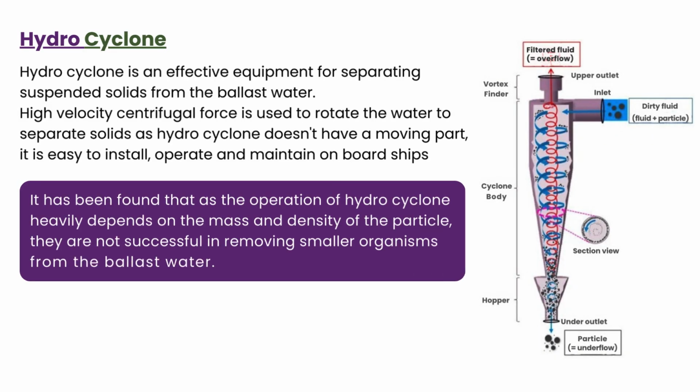The hydrocyclone is an effective equipment for separating suspended solids from the ballast water. Here in the photo on the right hand side, what you see is that the dirty fluid is going inside, and like a whirlwind it is going down. While it is going down, the solid particles are slowly and steadily coming to the center, and while they are coming to the center, they are falling down.